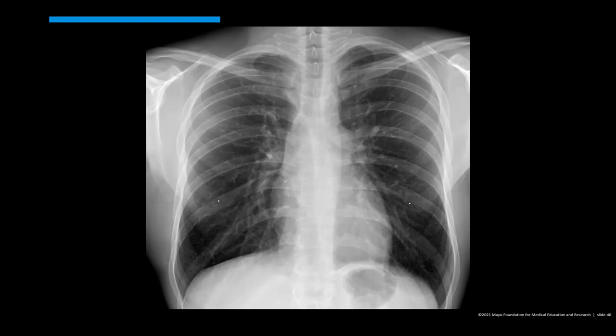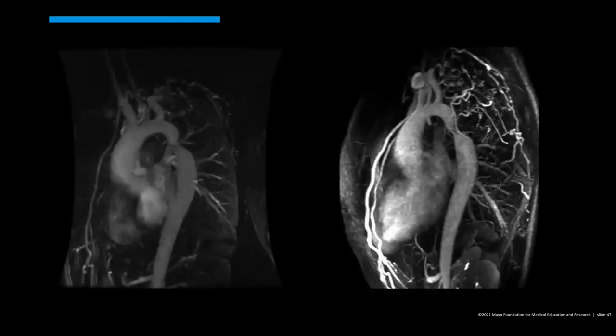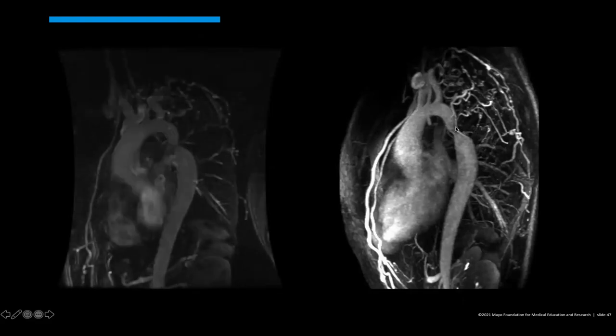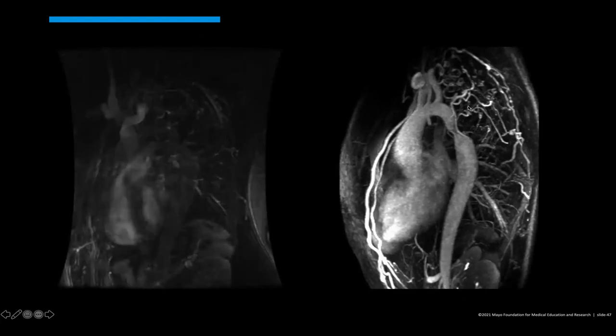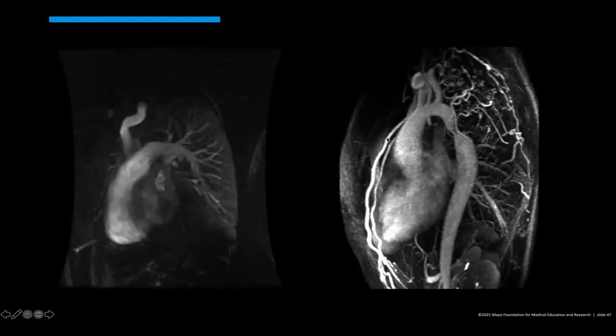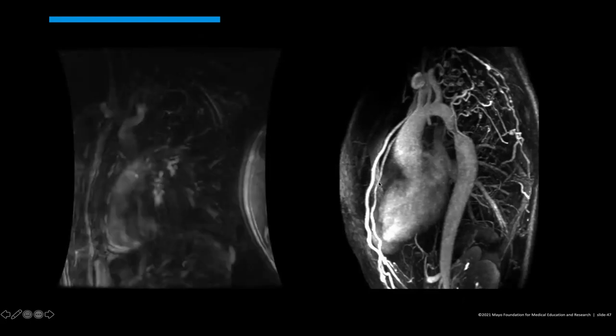What I tell the residents when I show them this case, and when I remind myself when I see something like this on a board exam, is if the chest x-ray looks normal, make sure you're not missing a coarctation. And this is the MRA that was performed in this patient. You can see a very severe ductal coarctation, with very large intercostal arteries and very large internal mammary arteries.